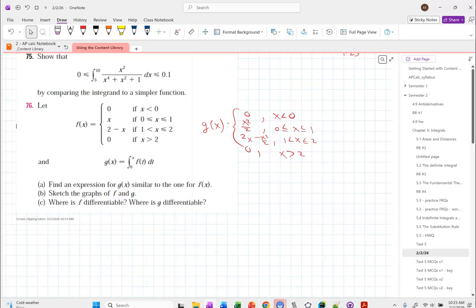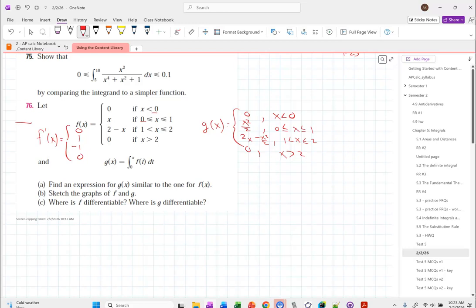So if I look at the derivatives, 0, 1, negative 1, 0. Everybody okay? So the slope at 0 changes from 0 to 1 abruptly. What is that going to be? A corner, right?